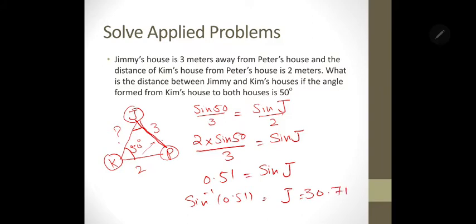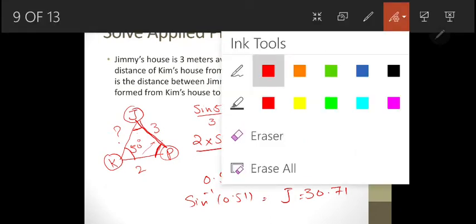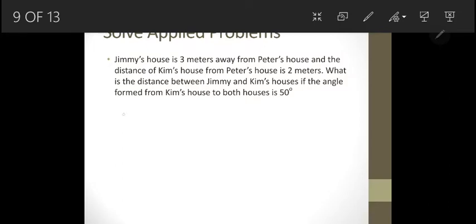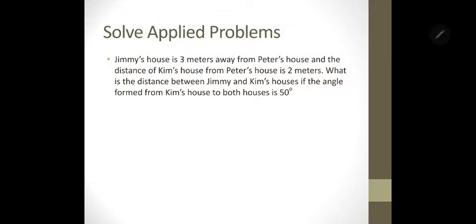Right, so now we have angle J, which is 30.71. Once we have angle J, it's easy to find out angle P, this angle. To find angle P, we had 50 degrees plus 30.71 degrees plus the angle P that we had to find out.